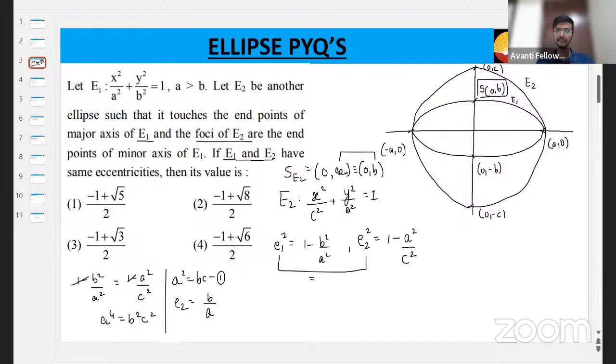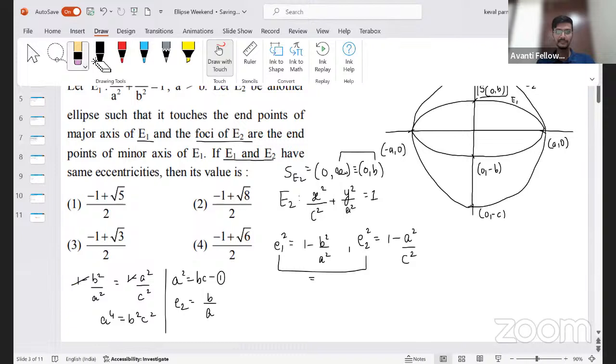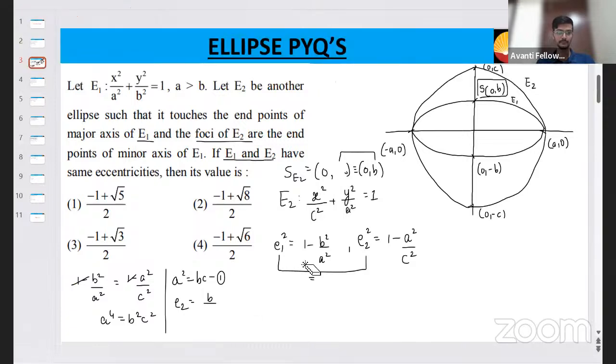Yeah, this will be CE. So we can write, E being the eccentricity, CE equals b, that is E equals b by c. This is equation number 2.